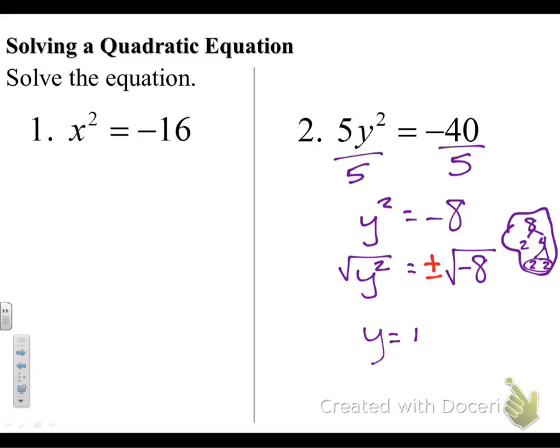So this y is equal to plus or minus 2 root 2. Ooh! And we have to include that i. Wait, so you lose the negative? The fact that it was a negative 8, you just put the i in that place. So, since it was the square root of a negative 8, the square root of a negative 1 is an i.